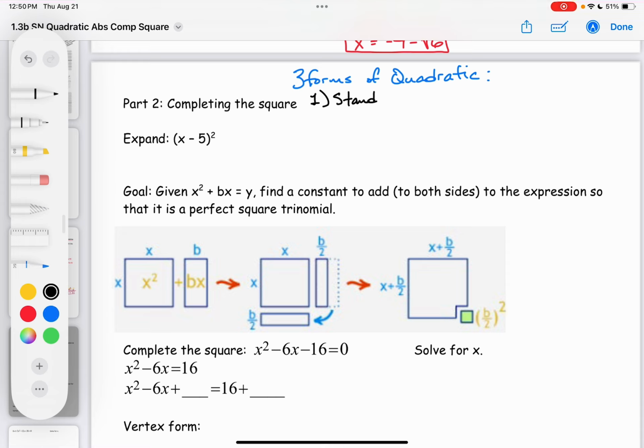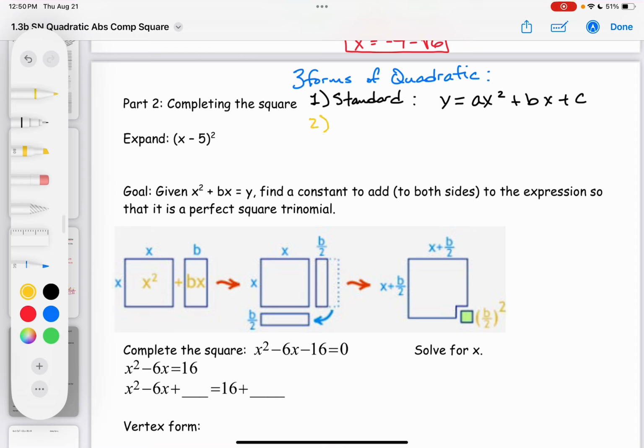This is probably how you'll see them the majority of the time. It is y equals ax squared plus bx plus c. Like I said, it's pretty common and useful, and it gives us good information. Our c value is our y-intercept, so that's helpful to know.